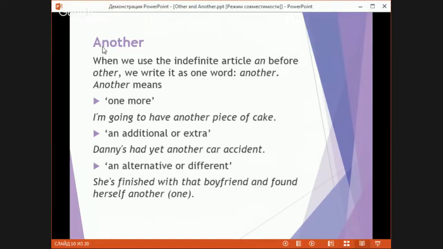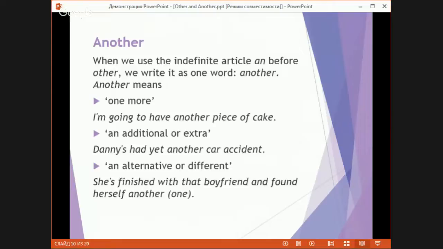So we say "an other", but we don't write it in 2 separate words, we write it in 1 word. So using the article an, another means that we use this word only before singular nouns.